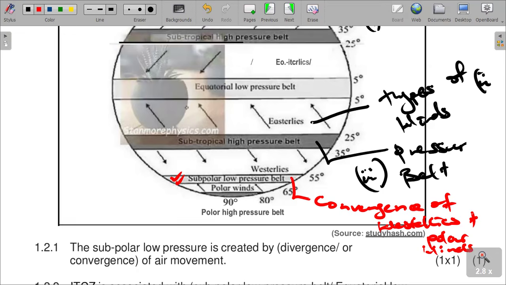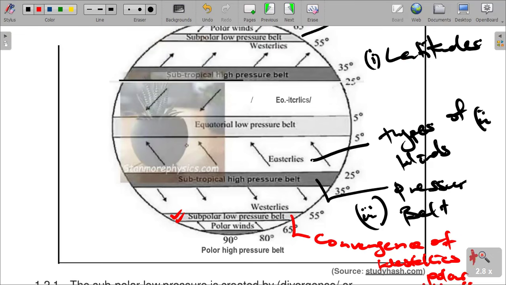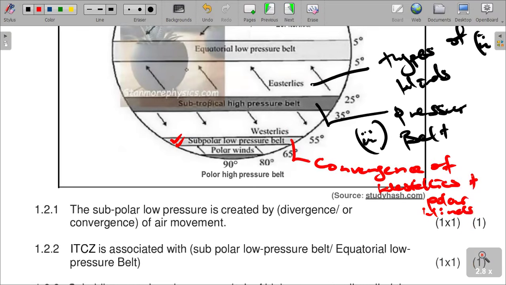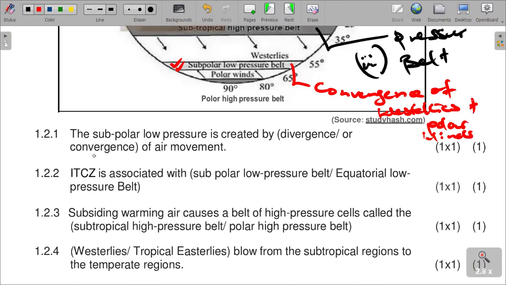And again, even equatorial low pressure, as you can see, there is also convergence of winds. But subtropical high pressure is divergence. As you can see, the air moves diverging, meaning they move in opposite directions. It is convergence that is causing the subpolar low pressure.